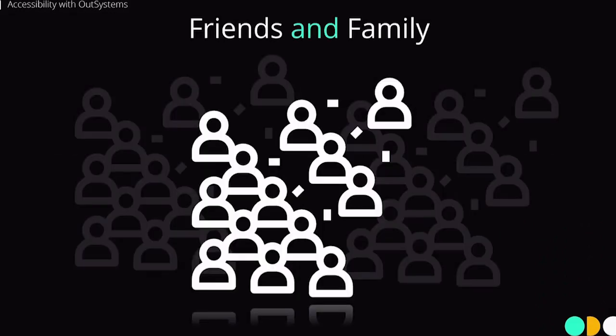but let me share why accessibility is so important nowadays. Let's take a moment and think about your friends and family. I'm sure most of us know someone who needs to wear glasses, and without them, they can't read or see much of anything at a distance. And any one of us can have an accident and be temporarily incapacitated.